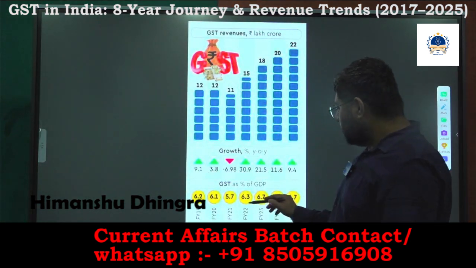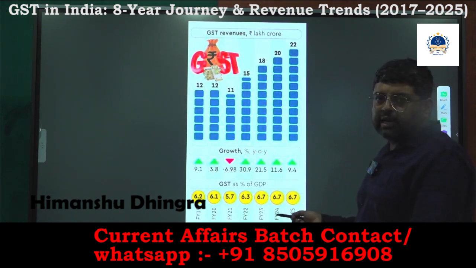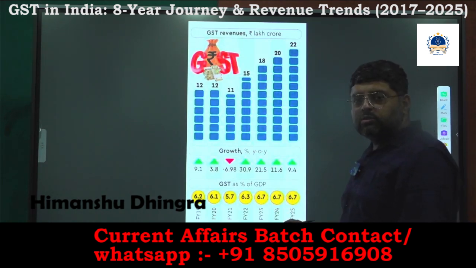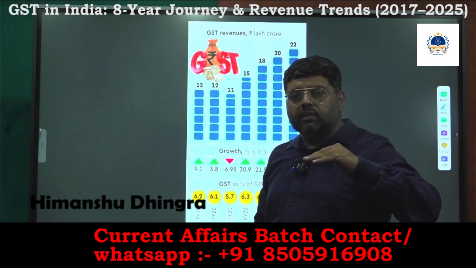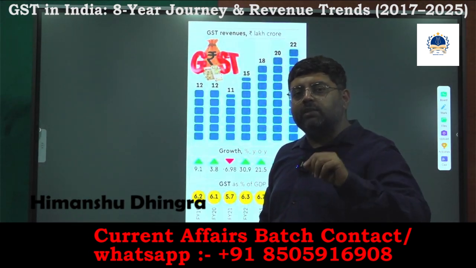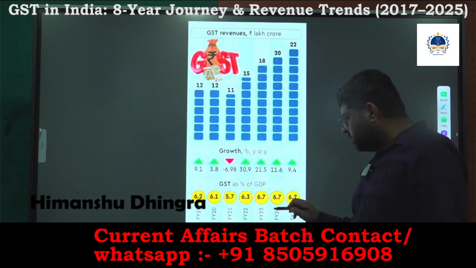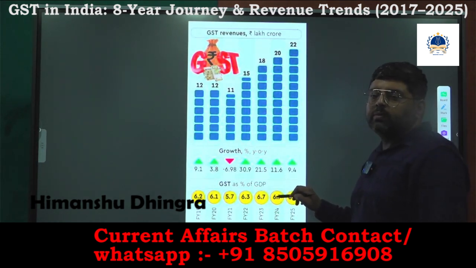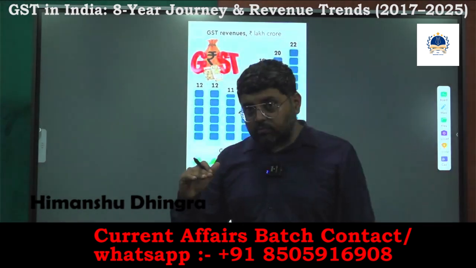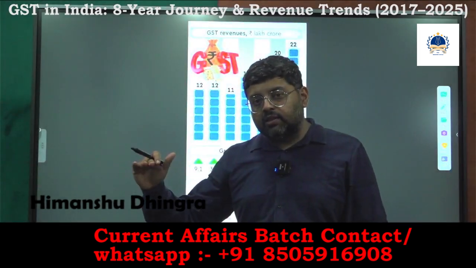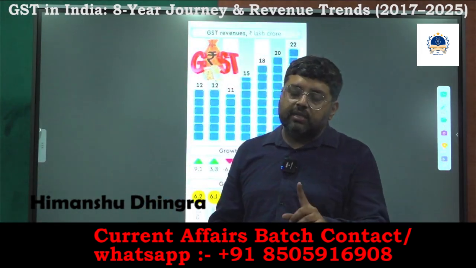So remember that if we see the trend, especially from the last 3 years, you can see that GST collected is equivalent to 6.7% of GDP. So you can see the numbers here, 6.7% of GDP. So if a question or statement comes that it has remained the same for the last 3 years in terms of GDP, yes, the answer is correct.